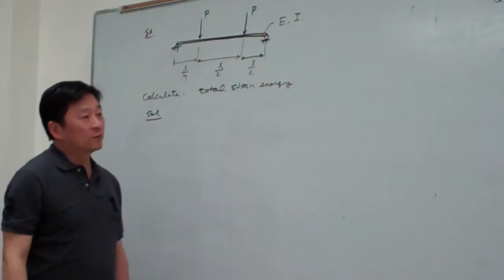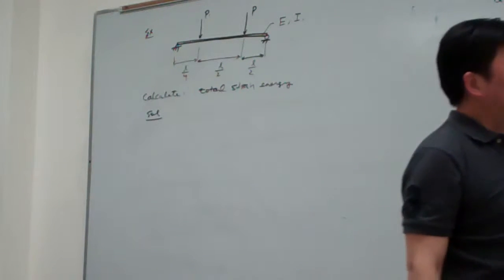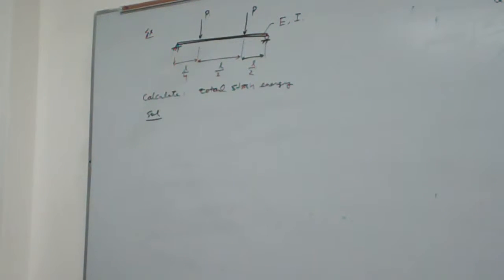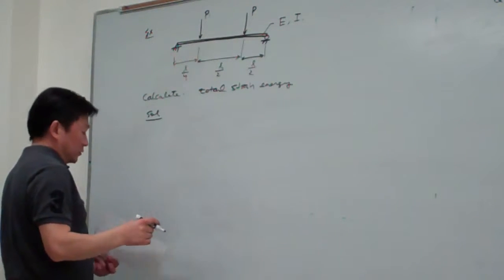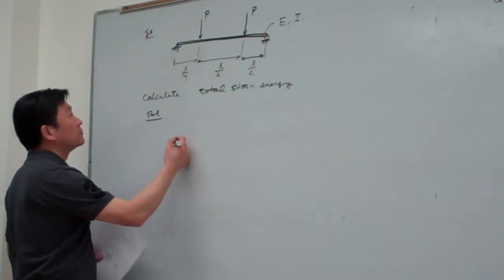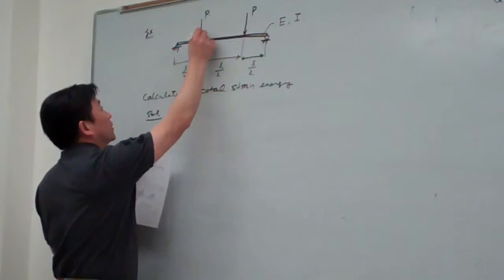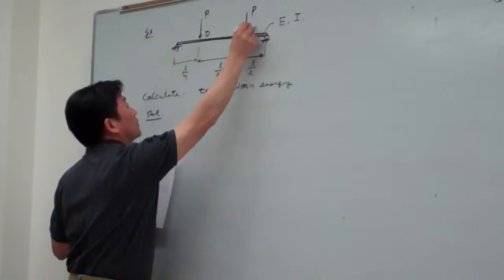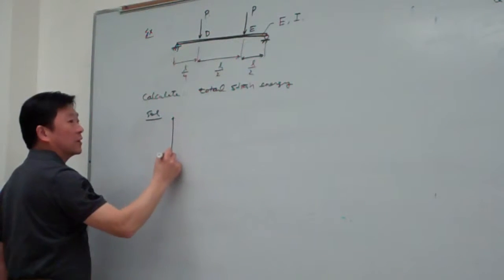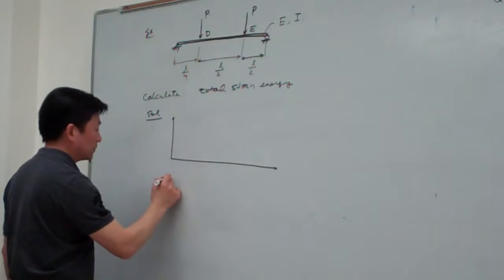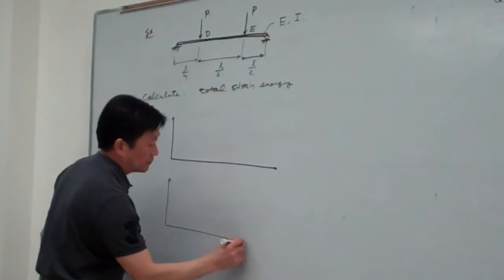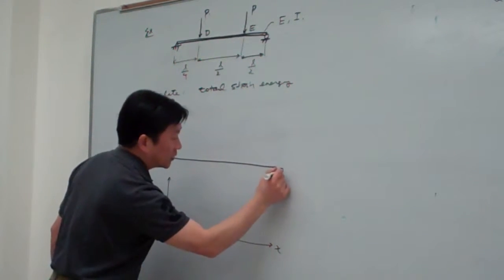So the same thing, I think the easiest way is we draw the diagram, and then we simply look at the drawing to formulate the information we need. So let me call this point D, and this is point E. So for the drawing, this is displacement.